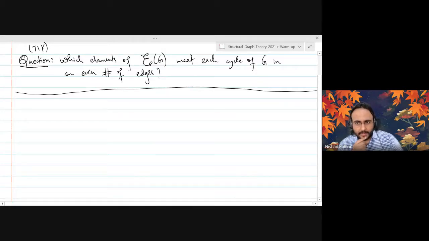But this is a purely graph theoretical question. We are just asking for all the sets of edges that meet cycles in an even number of edges. So we want the intersection to be even with every cycle.